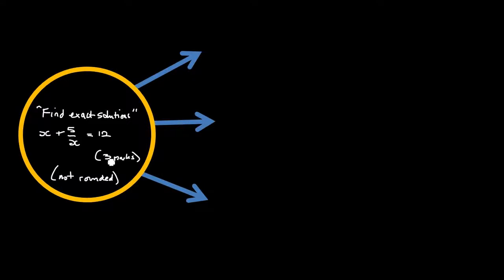Let's have a look at what happens here, and then hopefully this will become a bit clearer. So if I have, for example, x plus 5 over x equals 12. If I have this as my problem, how am I going to turn it into the quadratic that I know is hidden inside here? Well, multiply through by x.